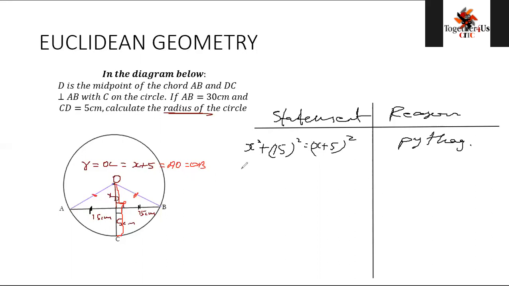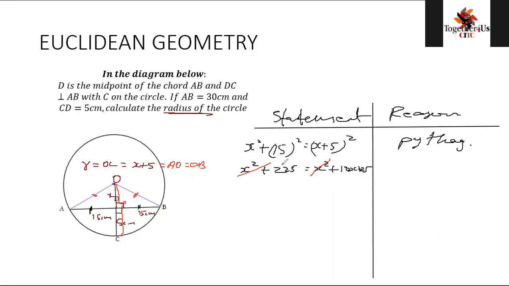I just have to simplify. So this is x squared plus 225. And this is x squared plus 10x plus 25. And of course, you can see now, a nice thing here is that this x squared takes care of that if you group like terms. And so we are one milestone out already.